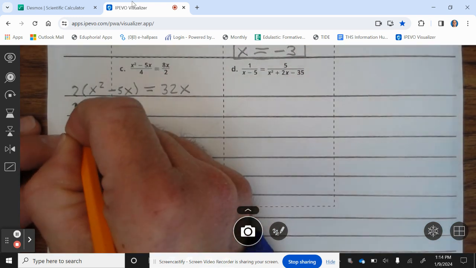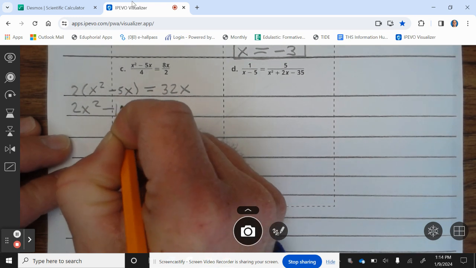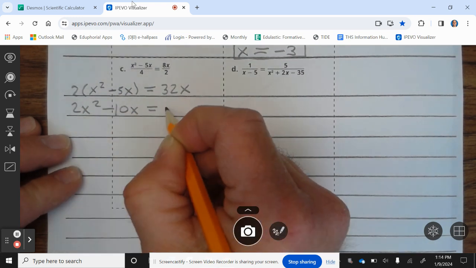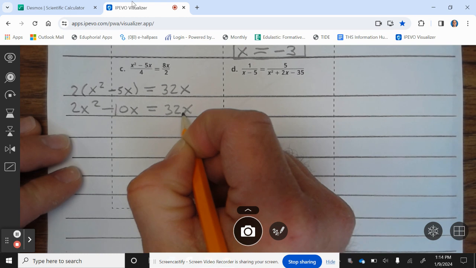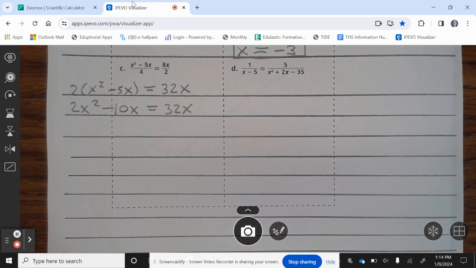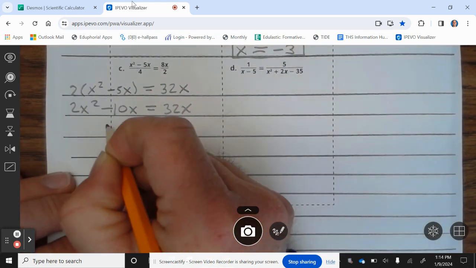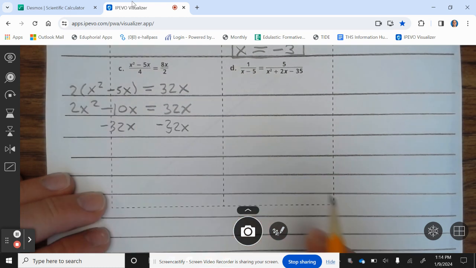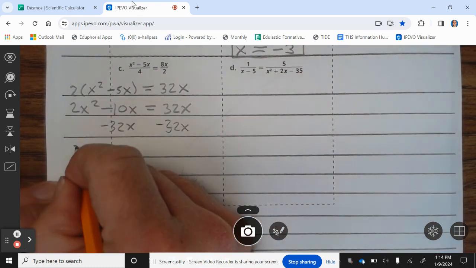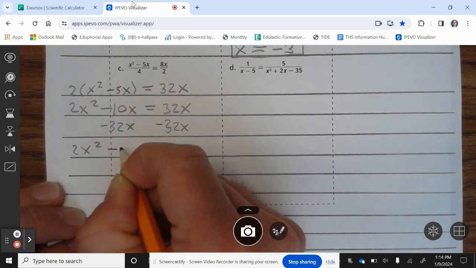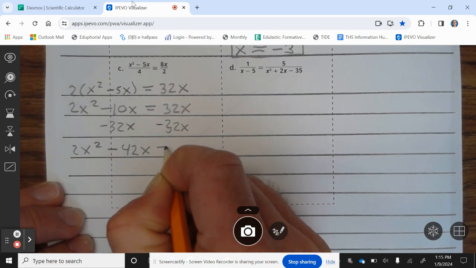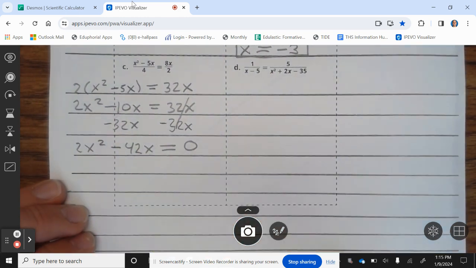Okay, we're going to distribute, so you get 2x squared minus 10x equals 32x. We're going to subtract 32x from both sides. You get 2x squared minus 42x equals 0.